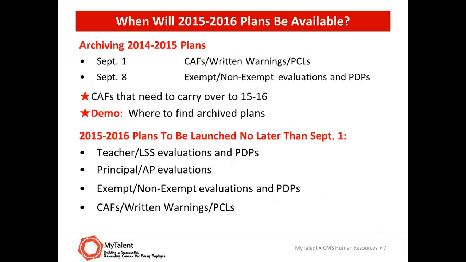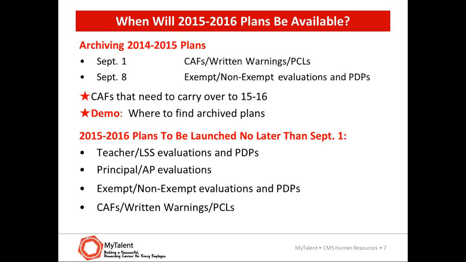So first we want to talk about when 2015-16 plans will be available. But before we can do that, we need to talk about what's happening with the 2014-15 plans. So currently our plan is on September 1st to archive or save the 14-15 CAFs, written warnings, and PCLs.